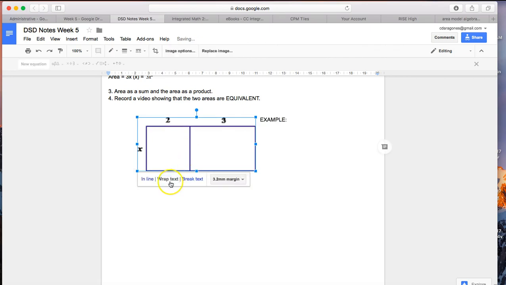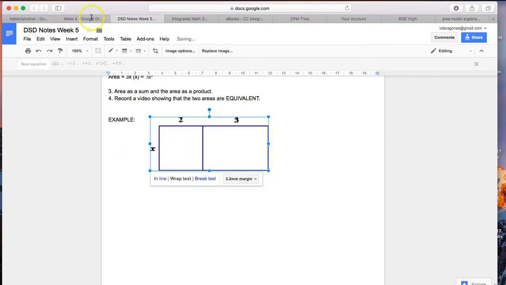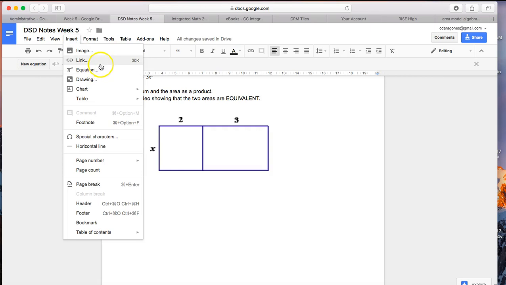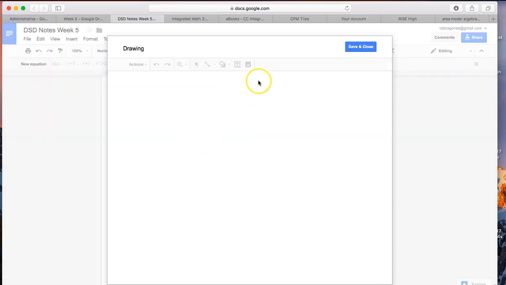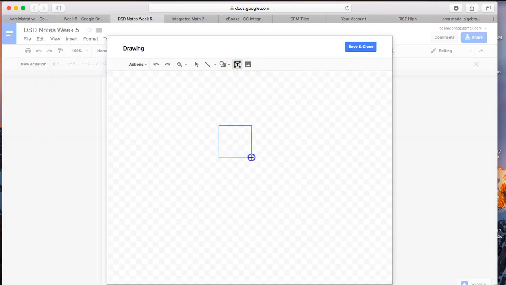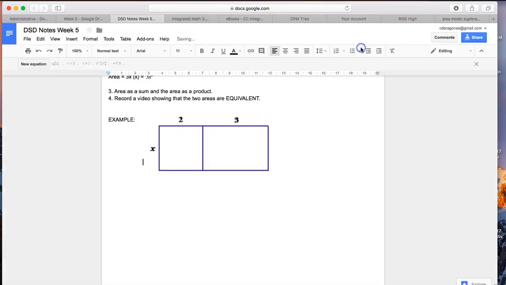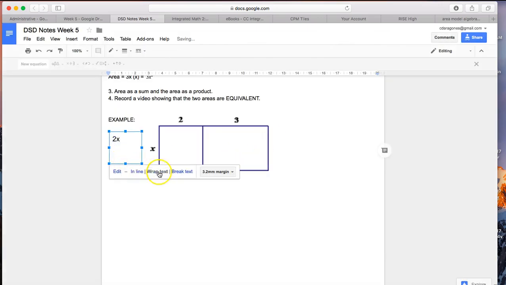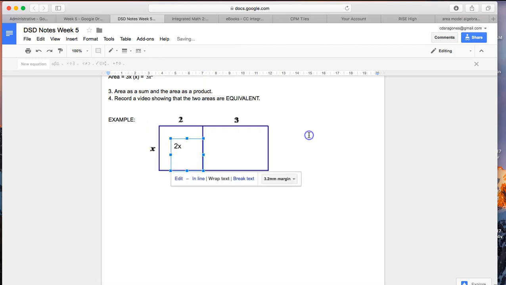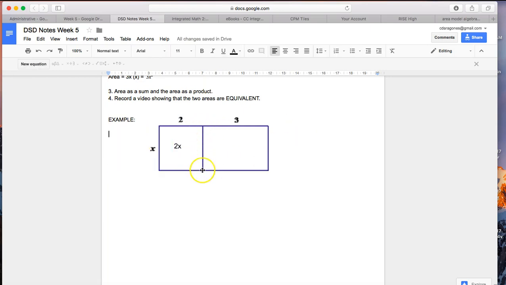I don't know the area of it, so I do length times width. So I know that 2 times x is just 2x. So the area of this rectangle inside here is 2x. Okay, so I'm going to fill that in. Again, I know the length of this is x. This side is just equal to this side.